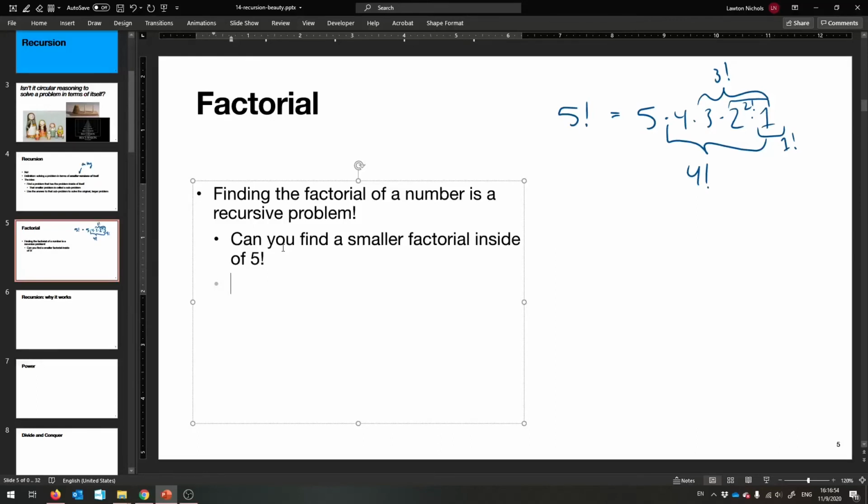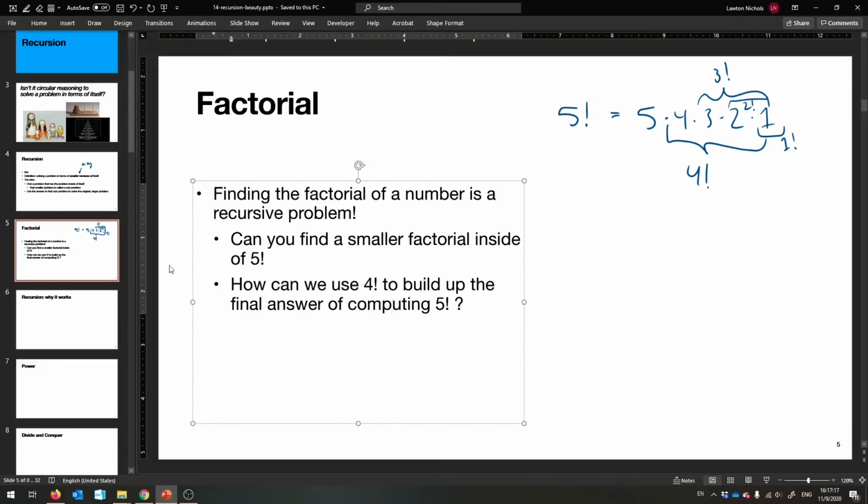So that's super nice. And okay, how can we use 4 factorial to build up the final answer? So how can we use 4 factorial to build up the final answer of computing 5 factorial?